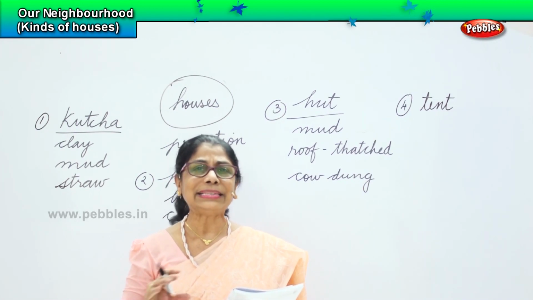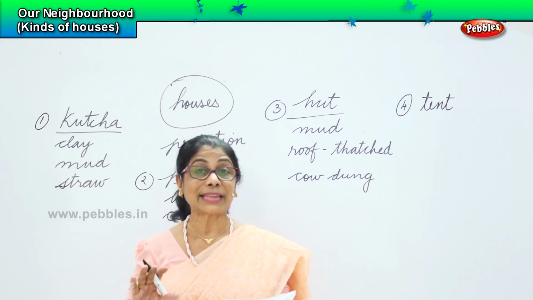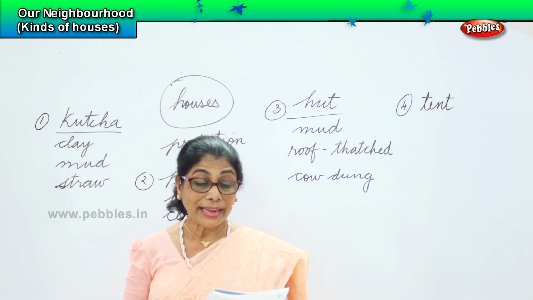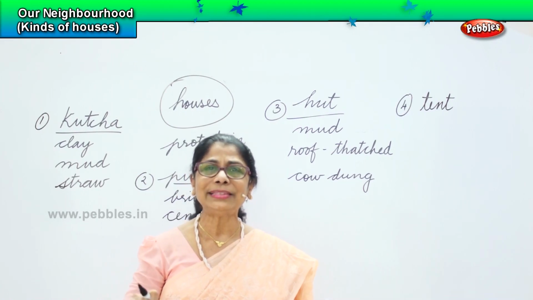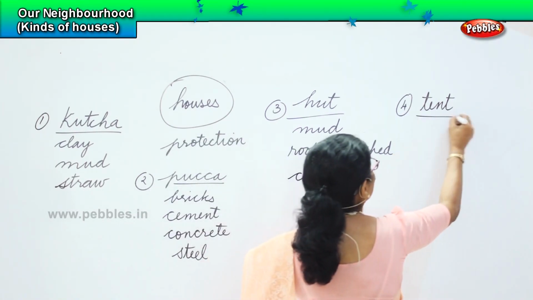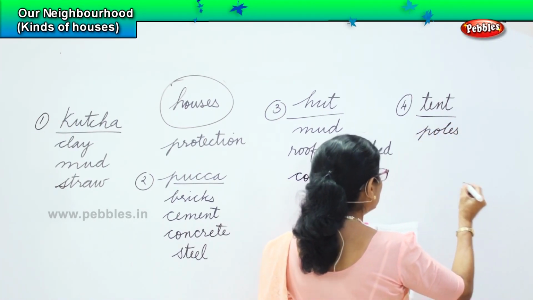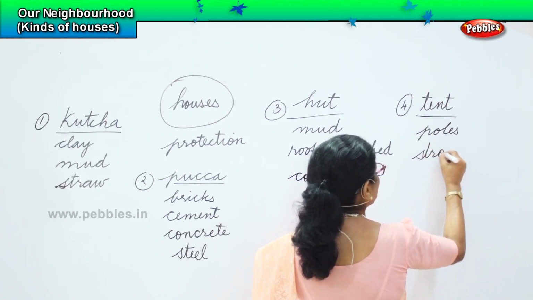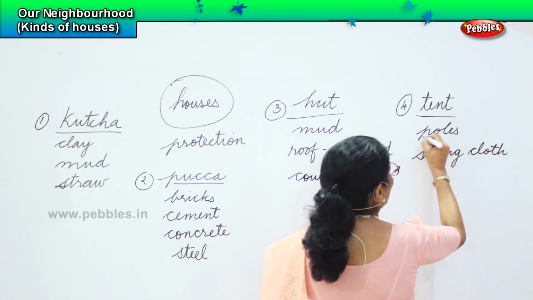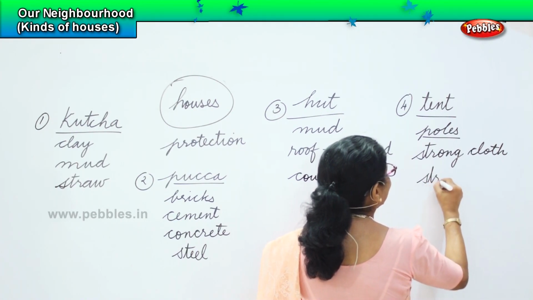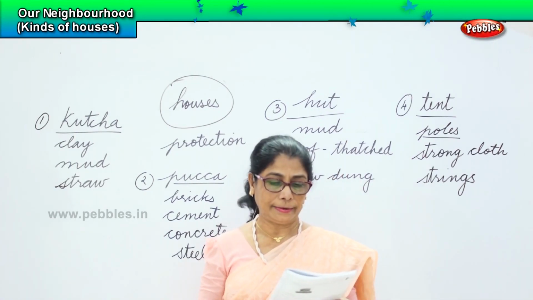So, tents are temporary houses. It's mainly used by Girl Guides and Scouts when they are on training. Soldiers use this. It is made of poles, strong cloth and strings, and they tie it and fix it.